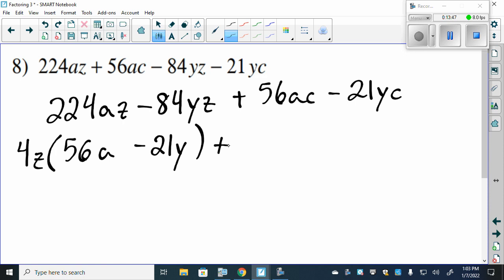Now, inside the other set of parentheses, we need what? 56a minus 21y, yes? So what do I need to factor out of these, the second two, to get that? We'll need to factor out the c, yes? Do I need to factor out anything else? Because I need 56ac to be what?